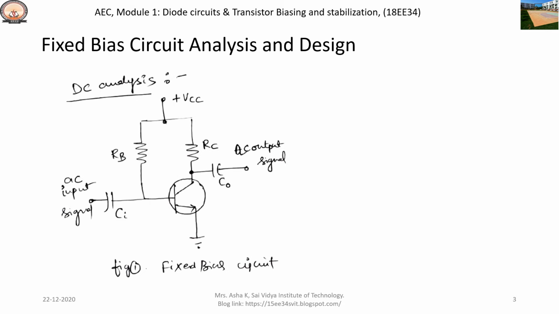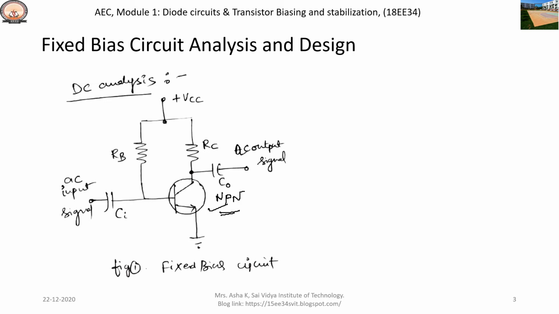Figure 1 shows the fixed bias circuit. It consists of coupling capacitors Ci and Co, one base resistance Rb and another collector resistance Rc, a power supply plus VCC, and an NPN transistor.